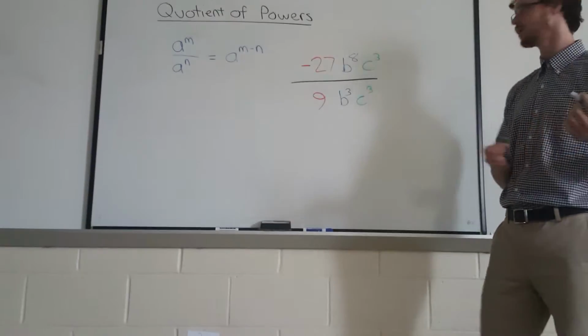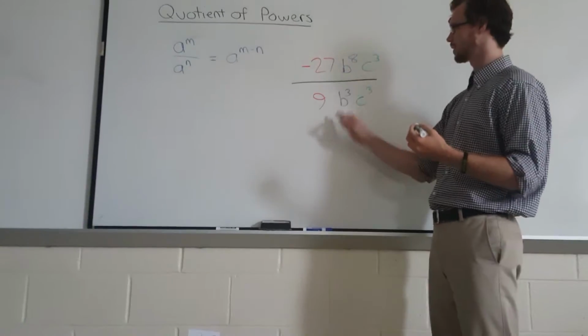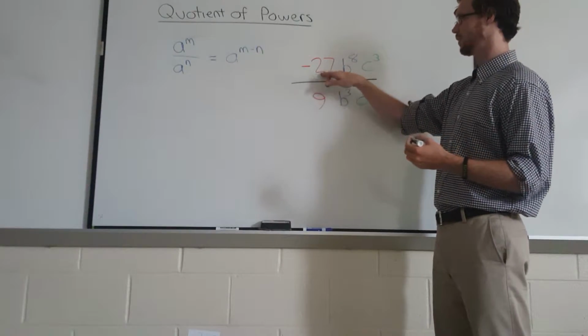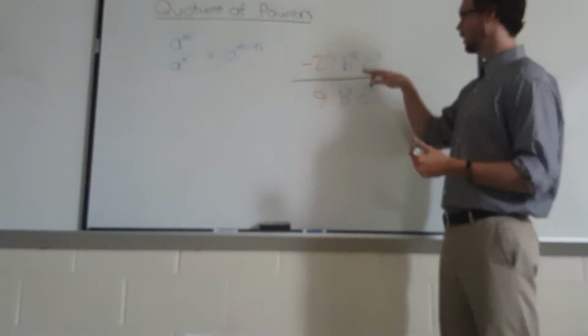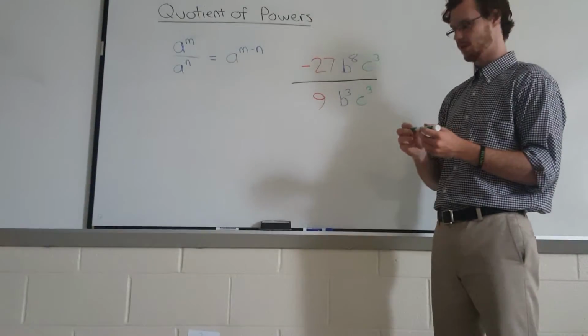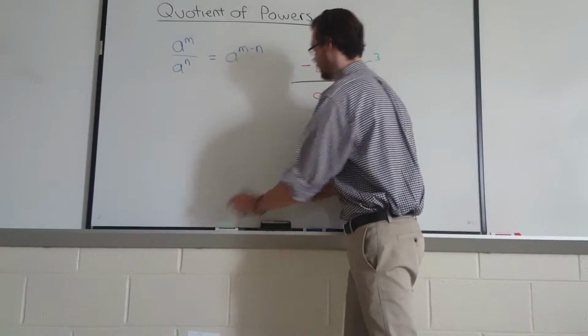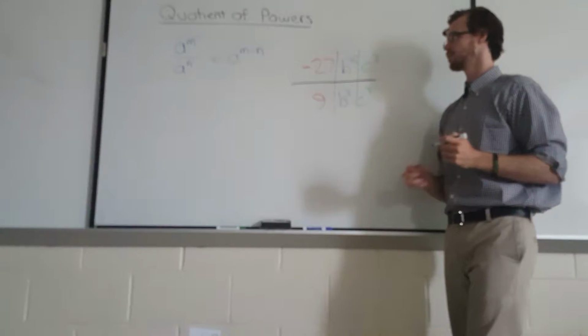With this, I'm going to color code it this time. Similar looking problem actually, I just made it with the color, so I want to highlight exactly how I'm able to separate this. So I have coefficient over coefficient, the variable b over the variable b, and the variable c over the variable c, obviously with different exponents here. But I am still going to separate it into 3 different fractions. 1, 2, and 3 with the c's.